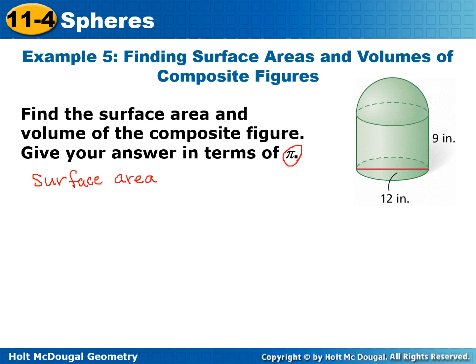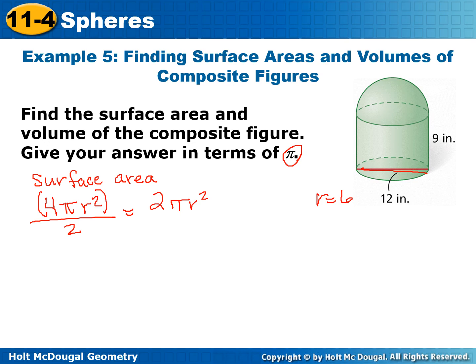The surface area of a sphere is 4 pi r squared, but we're going to divide that in half because it's only half of a sphere, so it's going to be 2 pi r squared. Now, the diameter is 12, so the radius is 6.